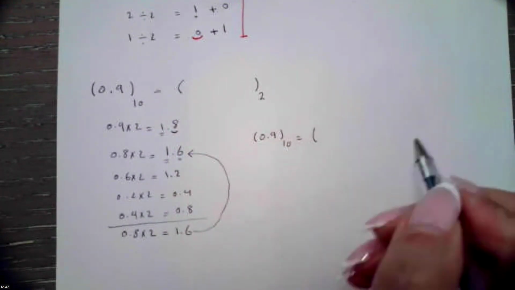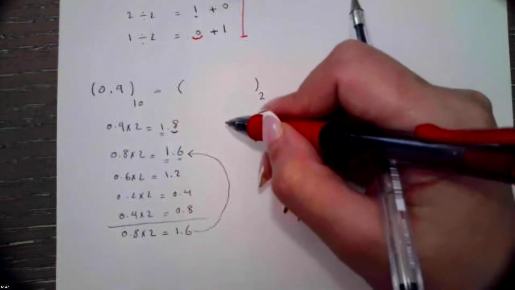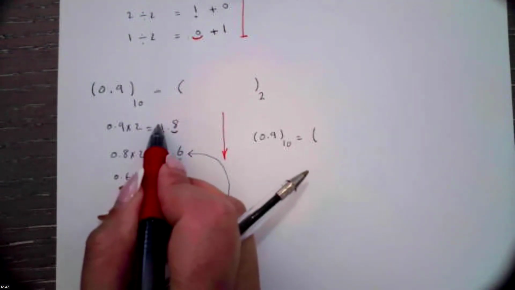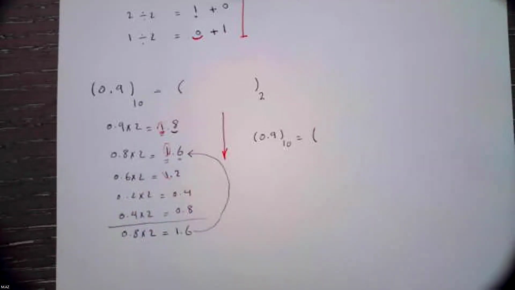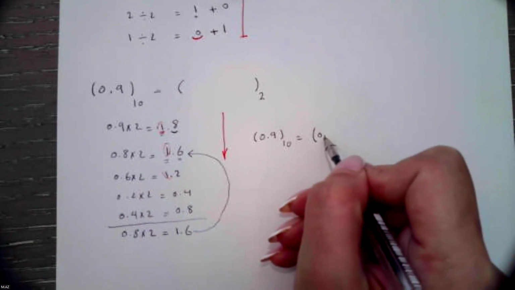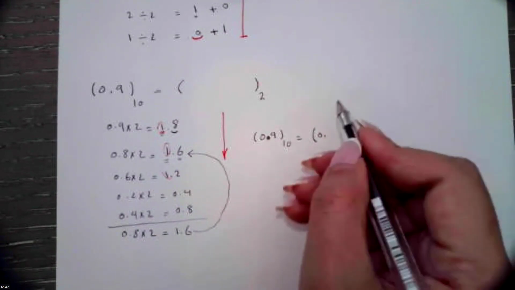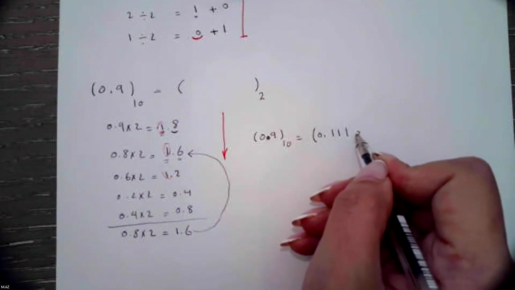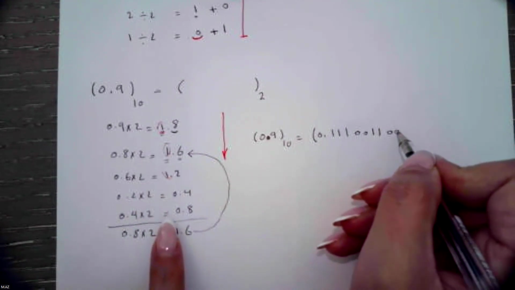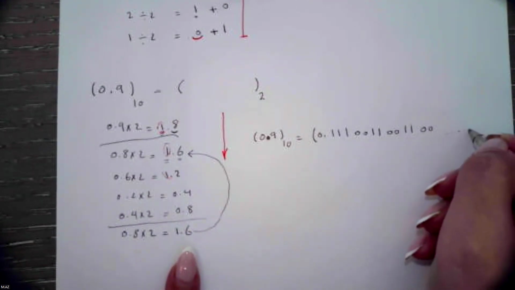Reading the fraction part is the opposite of the integer part: we read from top to bottom, just reading the integer parts. For this number, we have 0 point, where this is the binary point, not the decimal point, then 1, 1, 1, 0, 0, again repeating 1, 1, 0, 0, 1, 1, 0, 0, and this goes to infinity.